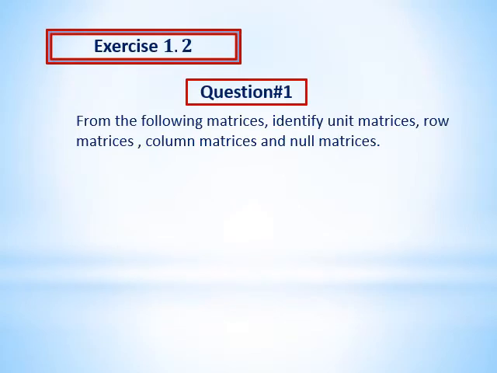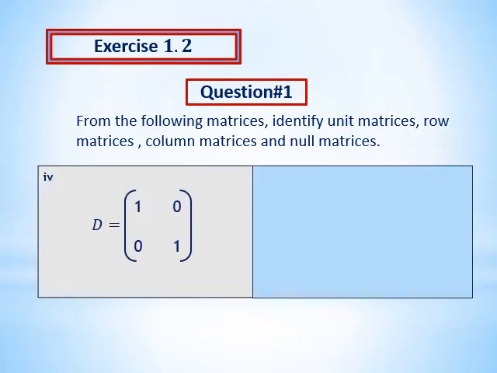Again, same question, identify which of them are unit matrices, row matrices, column matrices, and null matrices. Matrix D, and you can see the entries 1, 0, 0, and 1. Look at its diagonal entries.